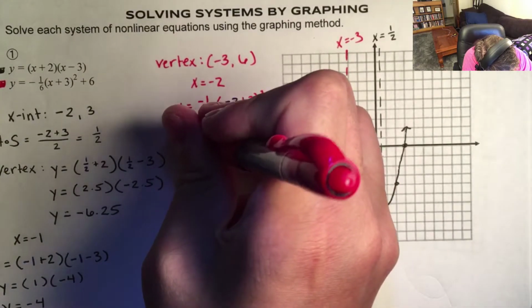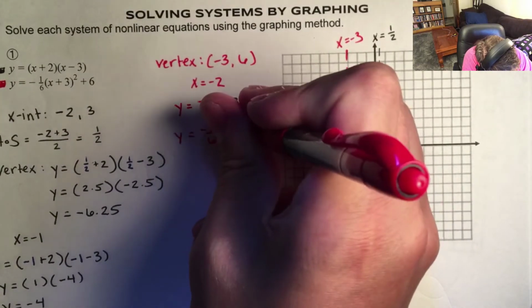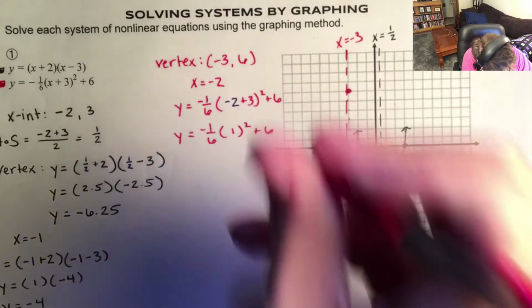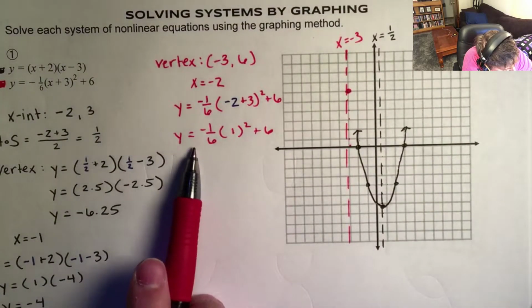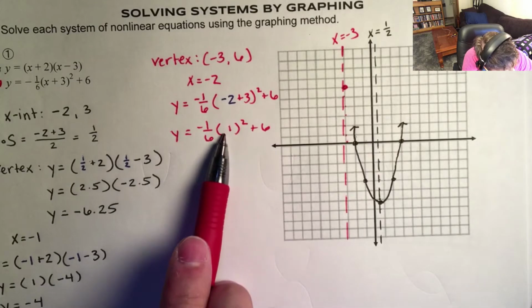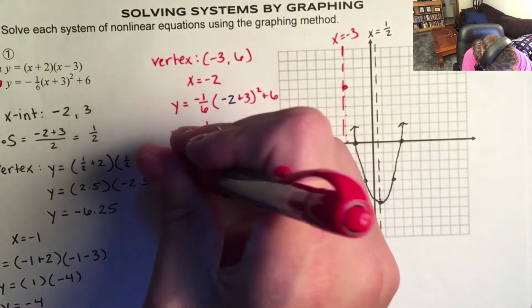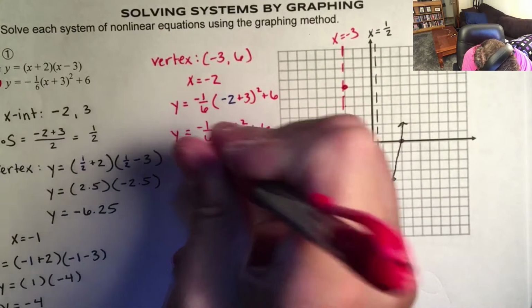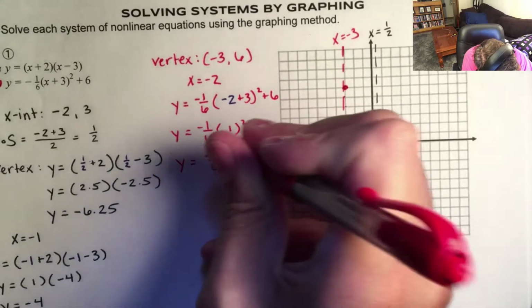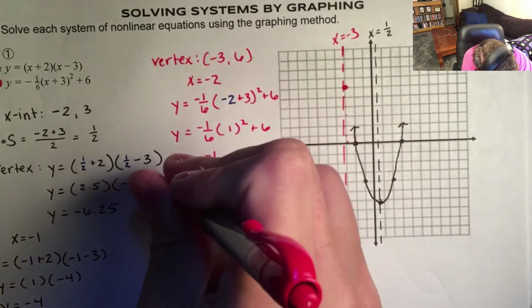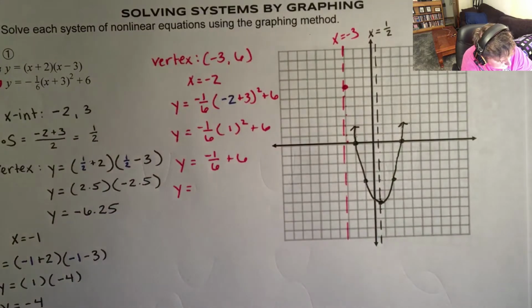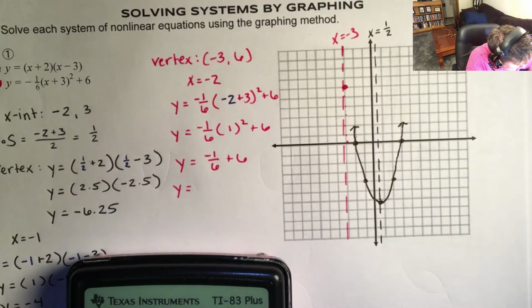So this is -1/6 of 1 squared plus 6, which is just 1 squared is 1 times -1/6. So this is -1/6 plus 6, which is equal to 5 and 5/6.